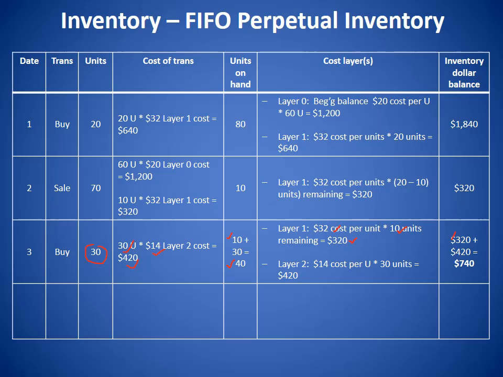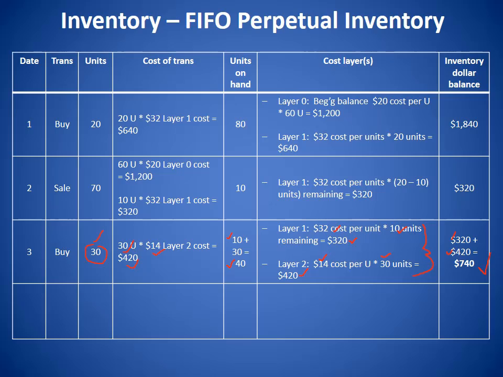Layer number 2 has a cost now of $14 per unit, and we purchased those 30 units. So $14 a unit times the 30 units equals $420, or the combination, if you will, of these two layers equals $740, and that's the value of our FIFO perpetual inventory after date number 3.